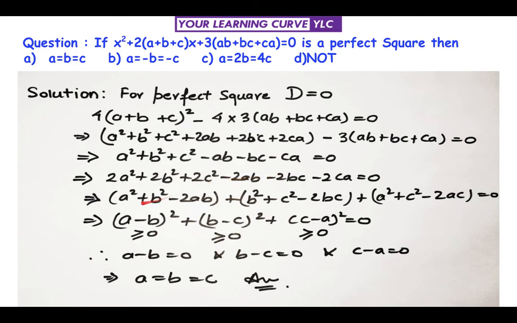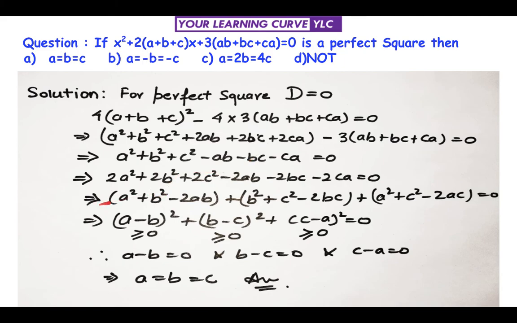So, what we do, we see that ab is there. If it is 2ab, we can make it (a minus b) whole square. If it is 2bc, we can make it (b minus c) whole square. 2ca, then we can make it (c minus a) whole square. So, we multiply this entire equation by 2: a square plus b square minus 2ab, plus b square plus c square minus 2bc, plus a square plus c square minus 2ac is equal to 0.